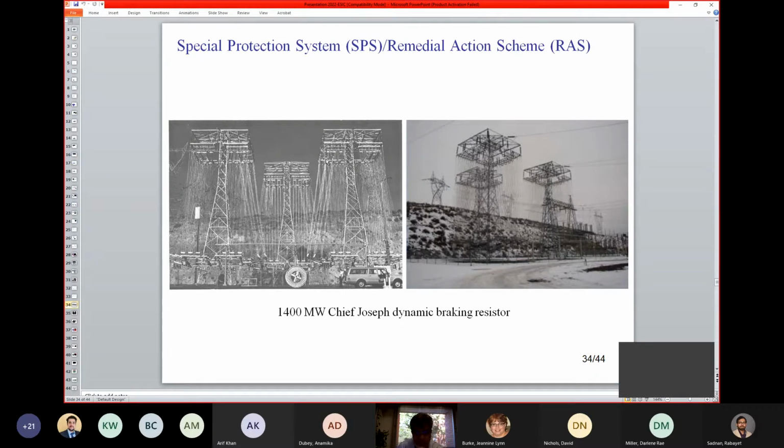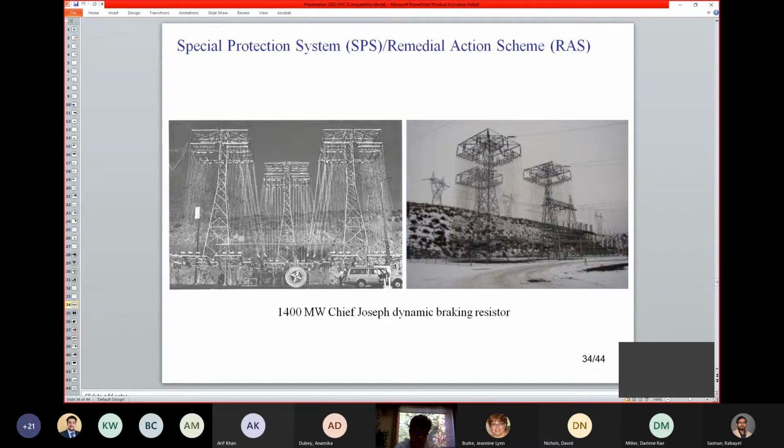One very traditional approach, in 1976 I think, was a 1400 megawatt dynamic braking resistor installed at Chief Joseph substation. It is almost a 2-hour drive from Seattle.